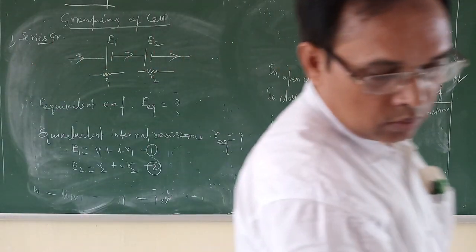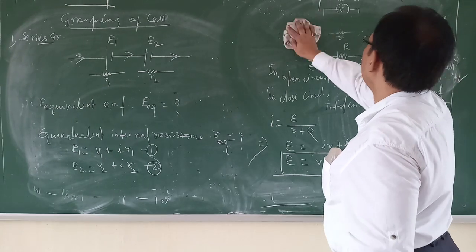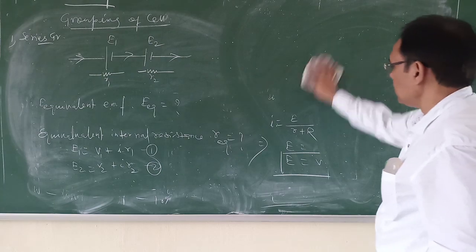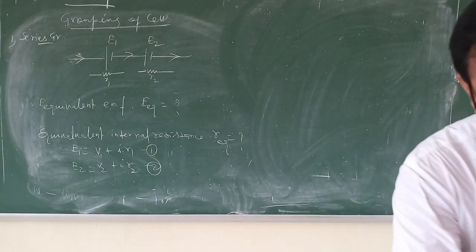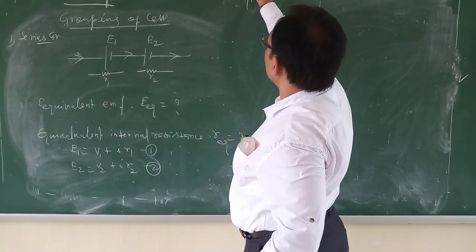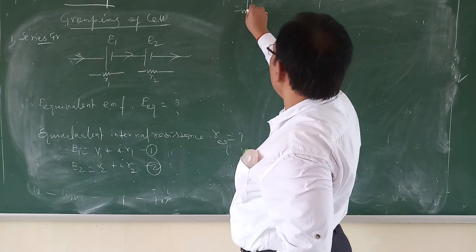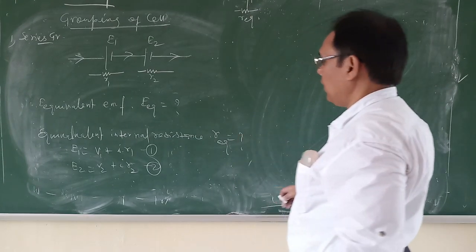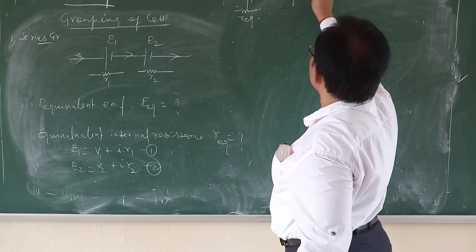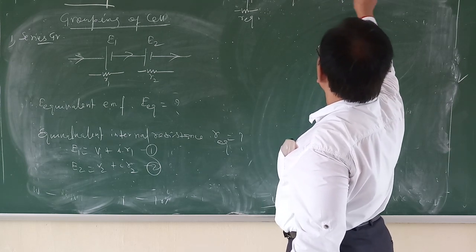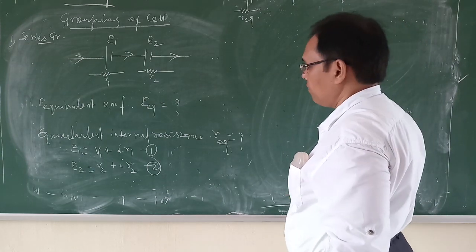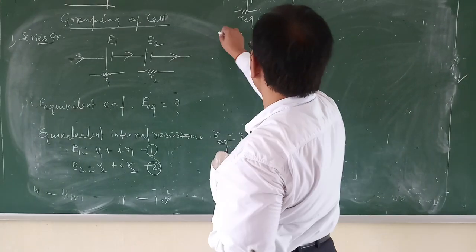When both cells are connected in series, there will be an equivalent EMF, E equivalent, and R equivalent. So E equivalent will be V plus I R equivalent. This is equation 3. Now add equations 1 and 2.